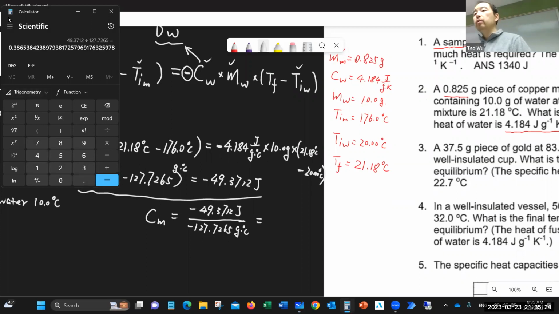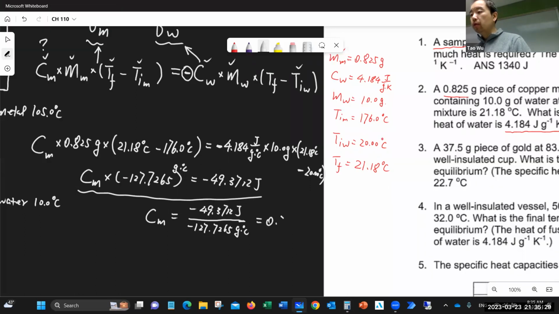Yeah, that makes sense. Okay, so 0.387. 0.387, and this is in joule per gram per Celsius. Okay, yeah. So this is one of the cases.